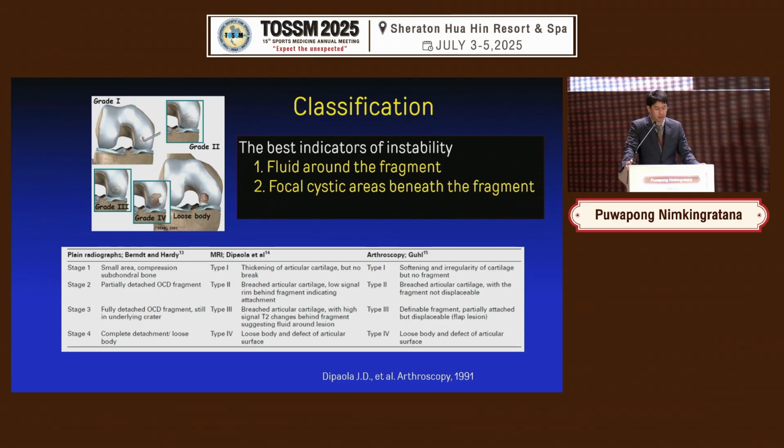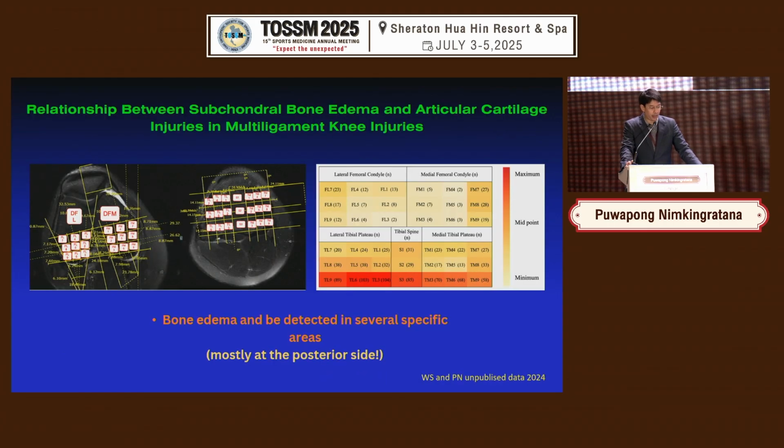And if you got the classification from plain radiographs or even the MRI scan, when we move on to arthroscopic examination, we might get more detail that we can compare. For example, we think about the lesion, the detachment, the area or size, or any kind of fluid over there. That would be useful.